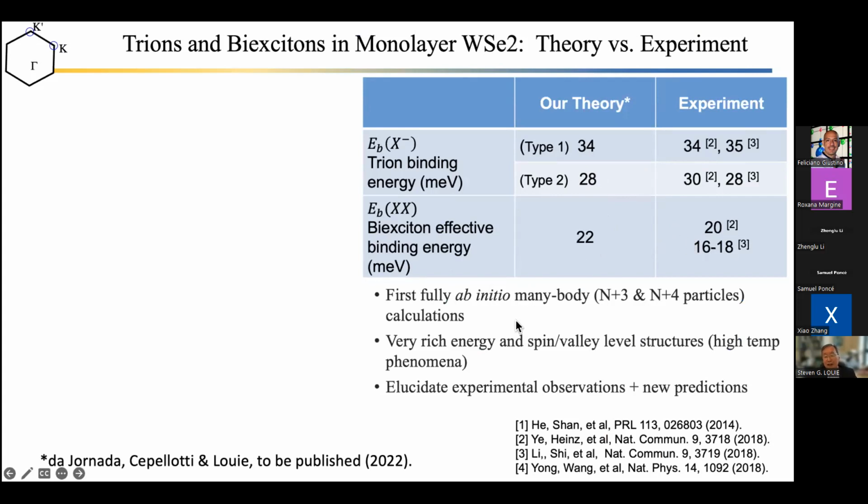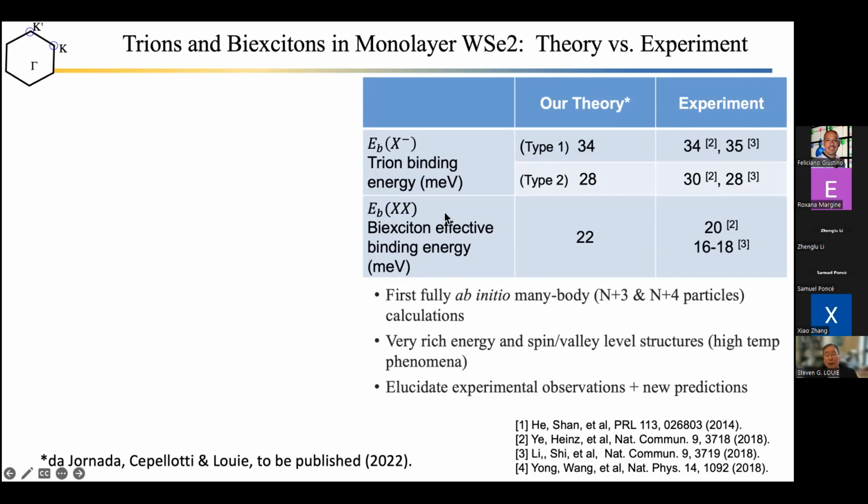These are, in fact, the first fully ab initio many-body calculations of this type. Our results show that they have very rich energy and spin-valley level structure. These are high temperature phenomena because the binding energies are very large, on the order of tens of milli electron volts. The theory elucidates the experimental observation and also gives some new predictions.